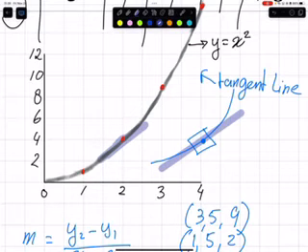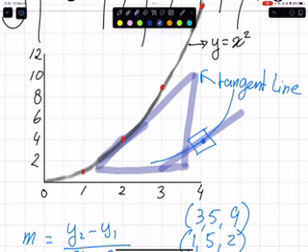The last way of doing it is using Pythagoras' theorem. Teacher, is this a better line? Yes, it's a better line.